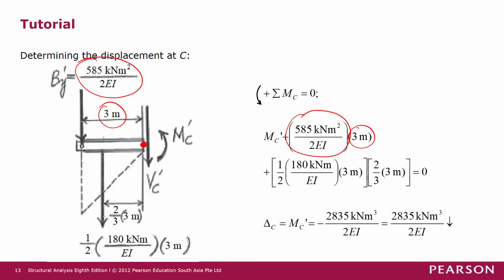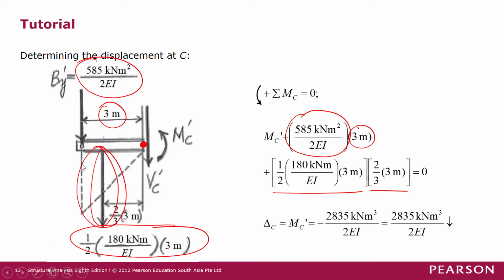And then we have this force here with so much magnitude, and then it causes an anticlockwise moment with respect to point C prime as well. So the force multiplied by the moment arm of 2/3 of 3 meters will be the moment caused by this force here. And then there is no other forces causing moments, so we equate everything to 0.